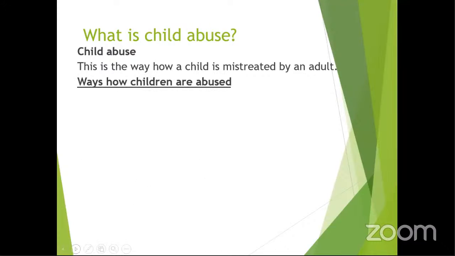There are very many ways how children are abused. For this case, I want each one of you to turn to the chart and write their ways, as many as you know, ways how children are abused in different places.